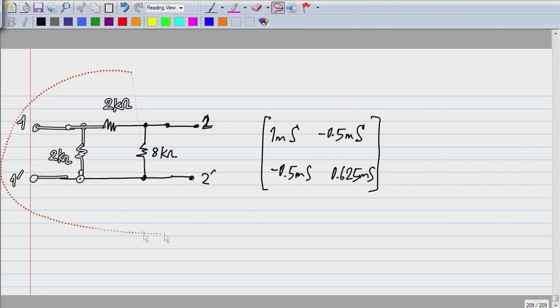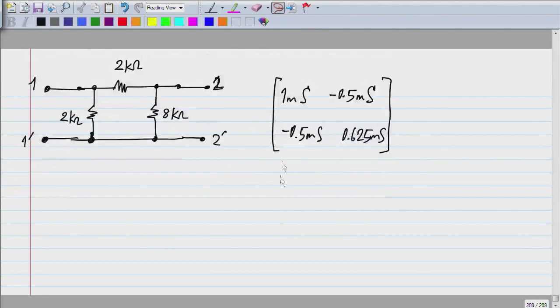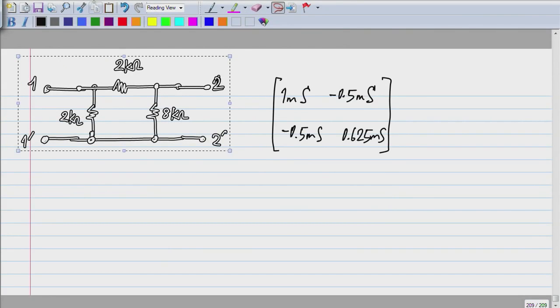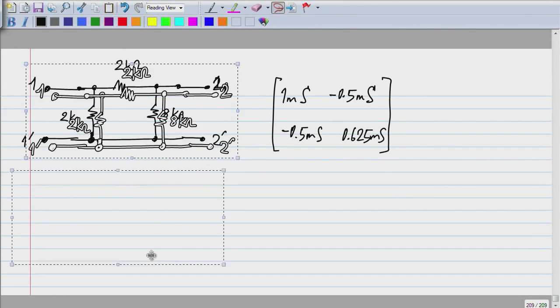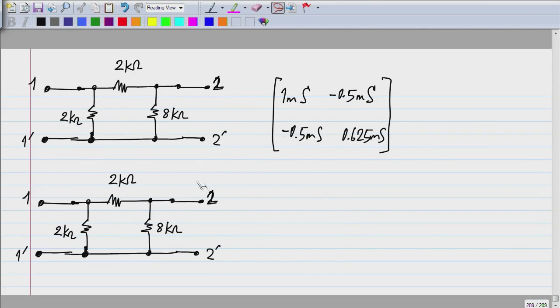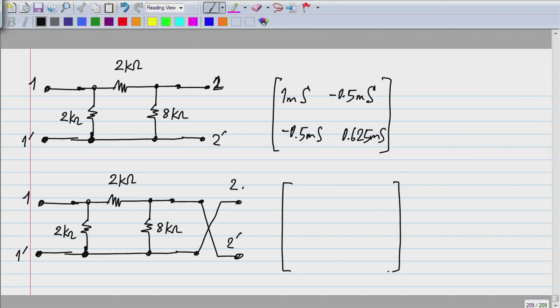So this is the result we have got, and I will very slightly modify the network. This is just to make sure that you have understood what we have done. Let me say I cross these wires and call this 2 and 2 prime. So which parameters will change and how will they change?